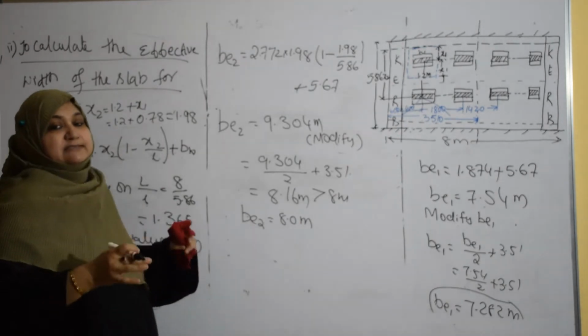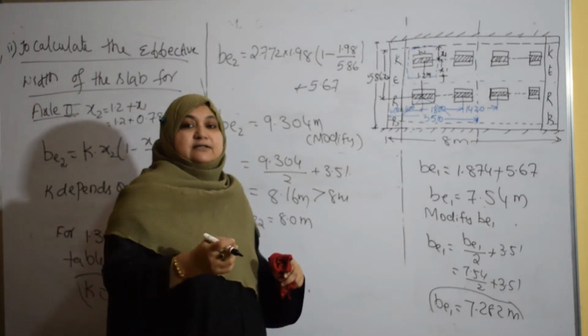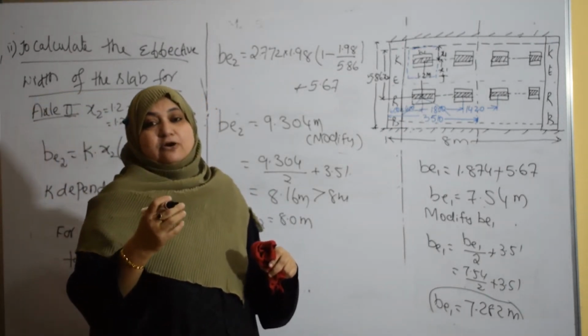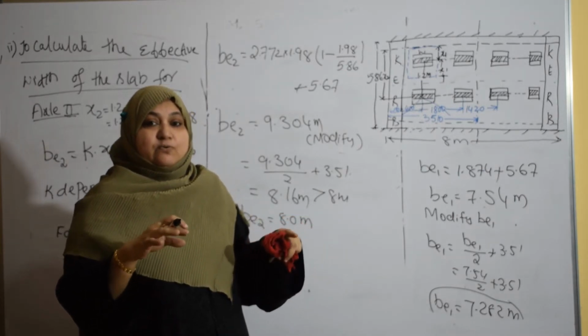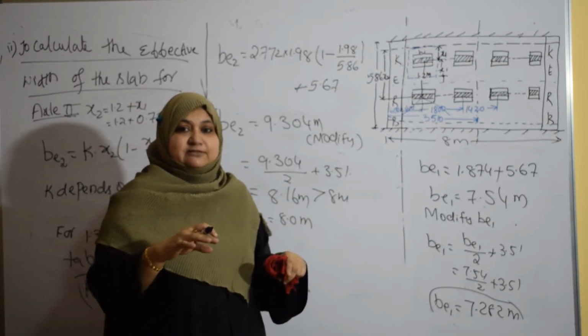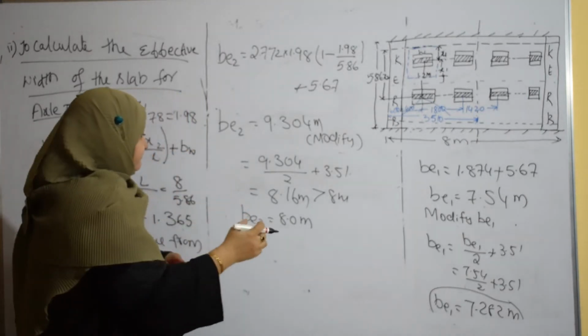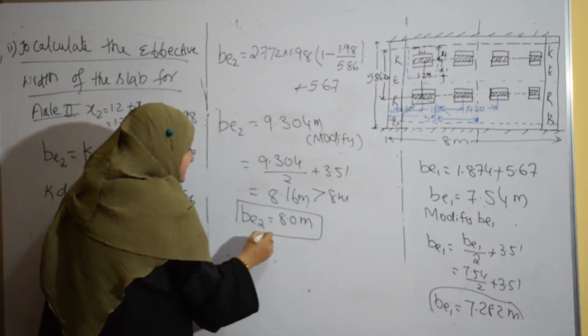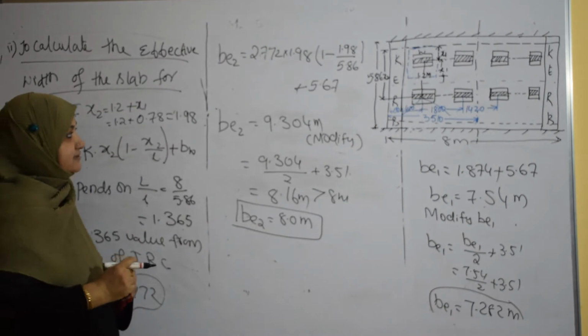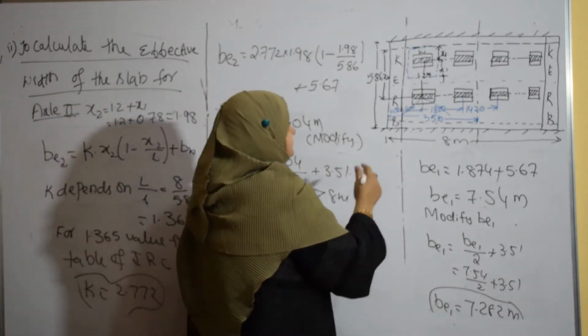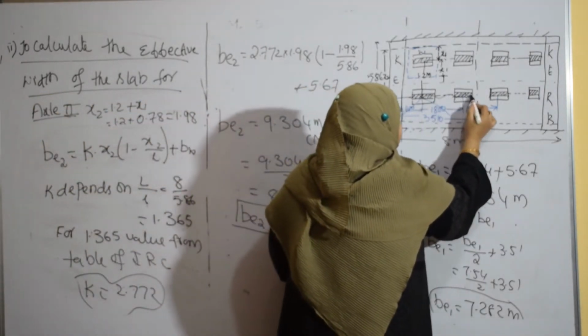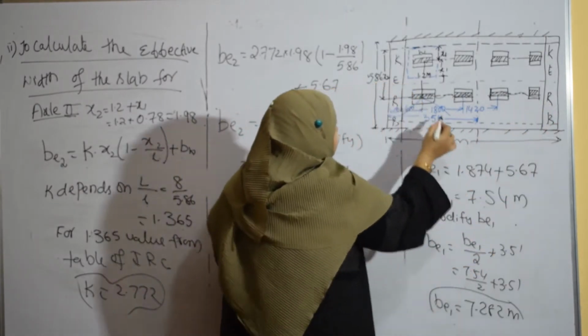The meaning of the effective width of the slab is that the axial load is getting distributed over some width. So that effective width we are calculating for the first axial and second axial. Coming back to the same figure, see here, these are two axials, 1 and 2, coming on the slab.